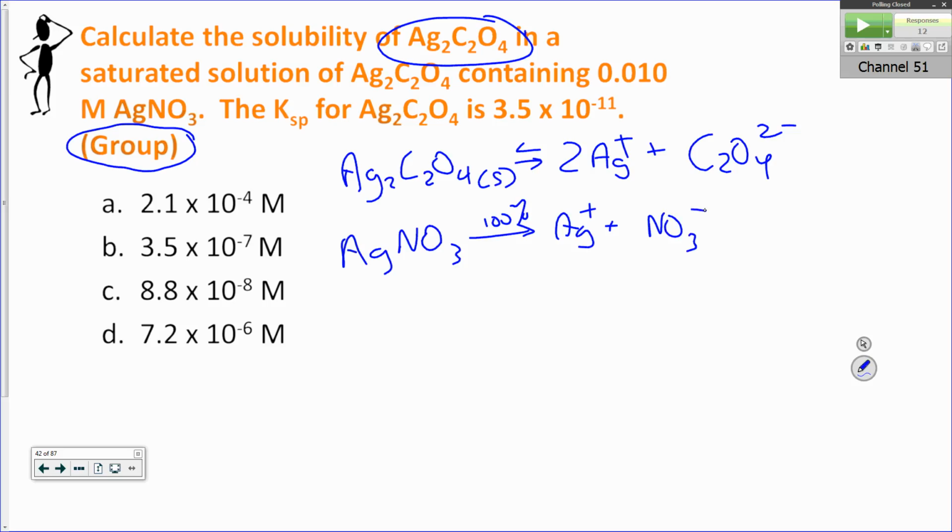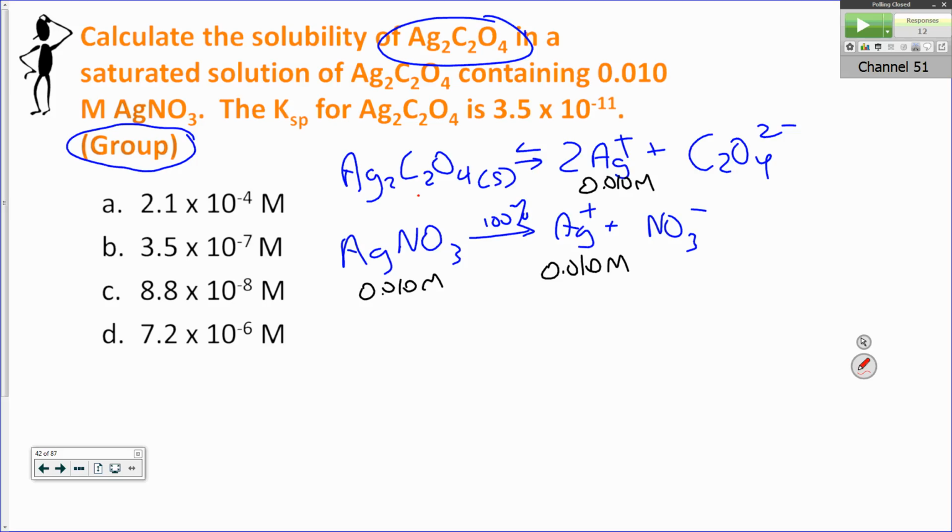So what this becomes is a common ion effect. Since the concentration of the silver nitrate was 0.01 molar, and it's a 1-to-1 stoichiometry, the concentration of the silver is 0.01. Now I need to define my solubility relationships.